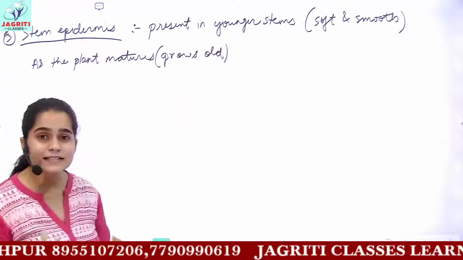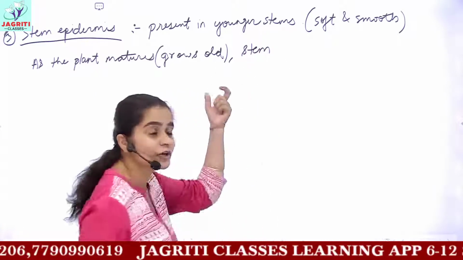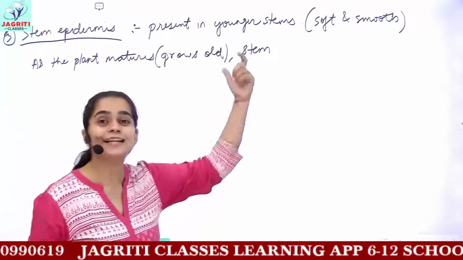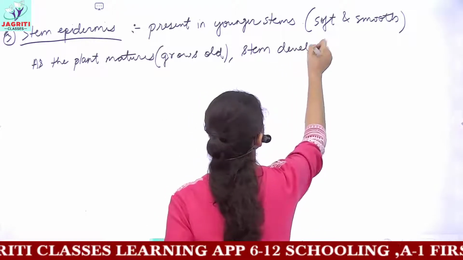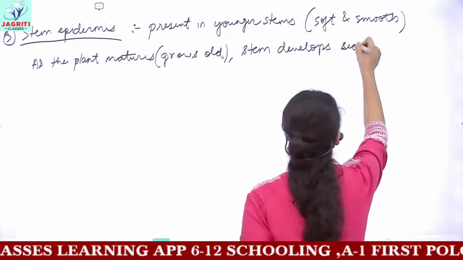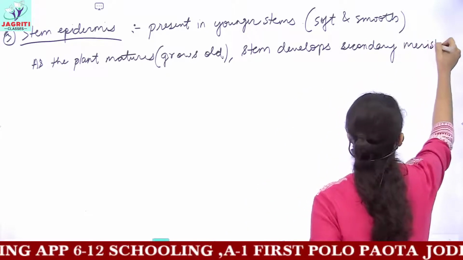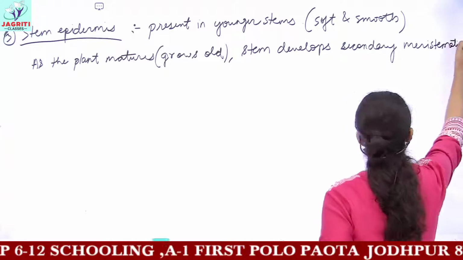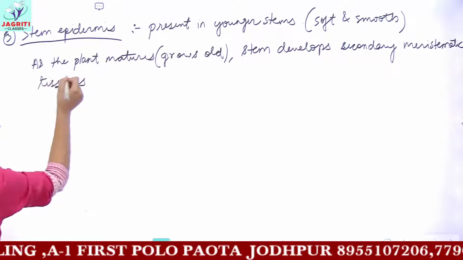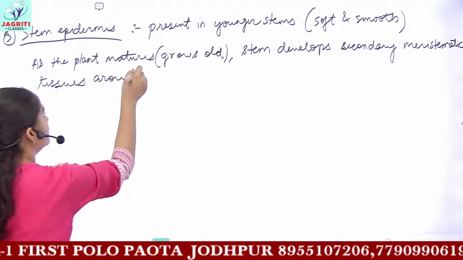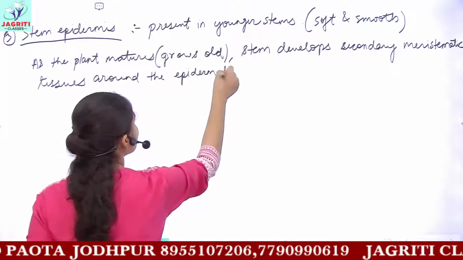As the plant gets matured enough, then the stem, which was originally younger, that is, green and smooth in nature, develops secondary meristematic tissues around the epidermal cells.